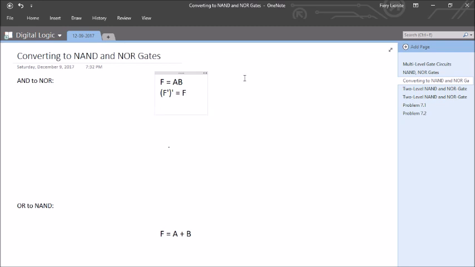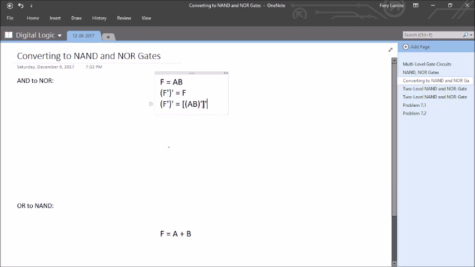Now we need to apply this rule to our circuit. So what's the F double prime of AB is basically just A times B prime and then another prime. Now realize that inside here we have A times B prime. We can apply the Morgan law to the inside.